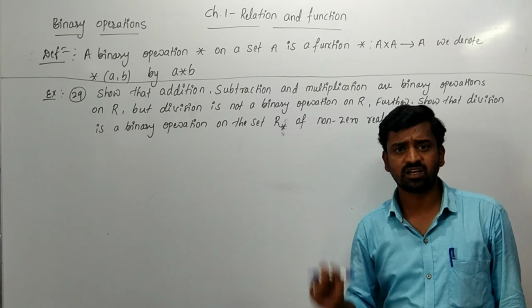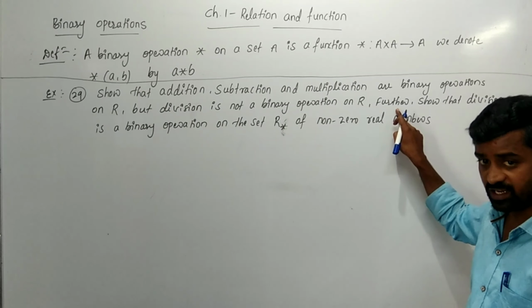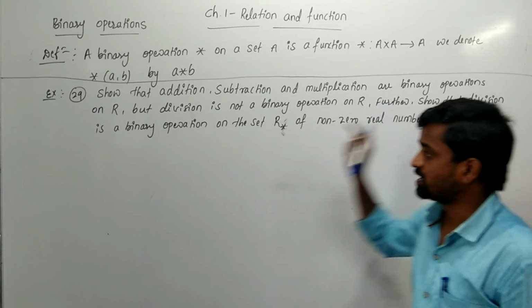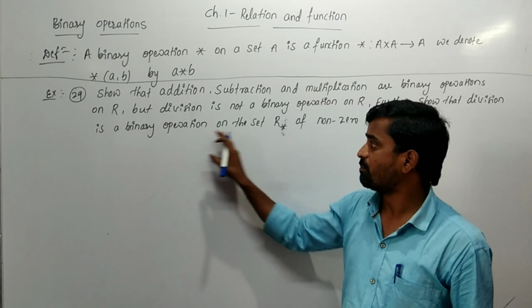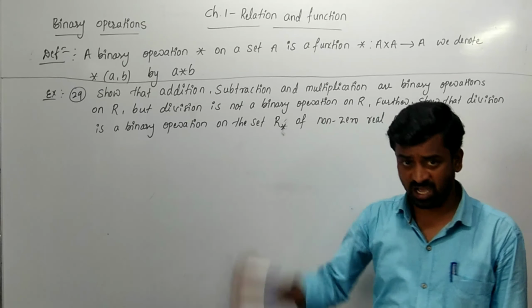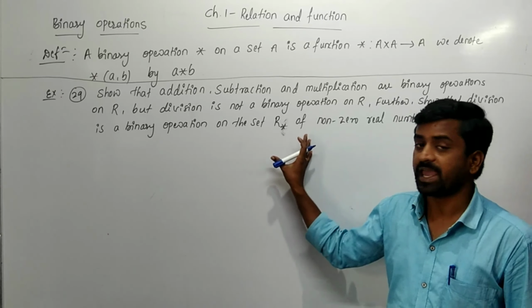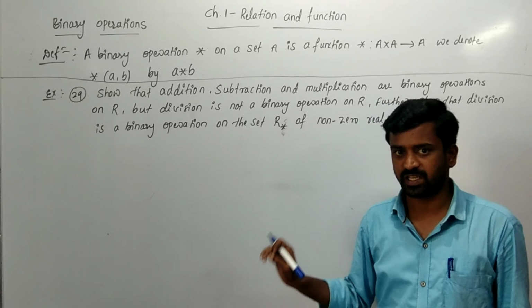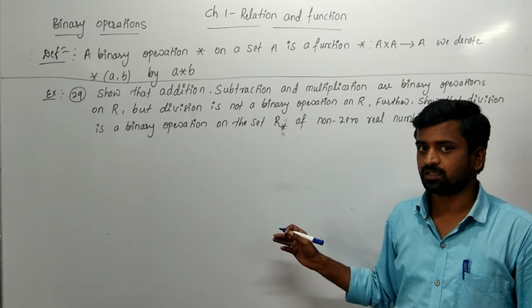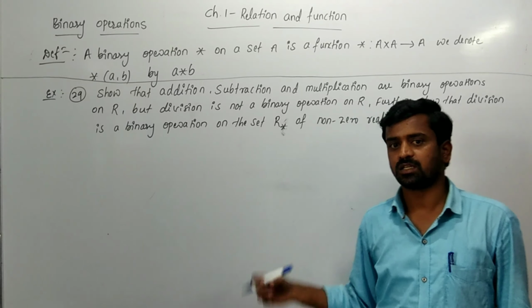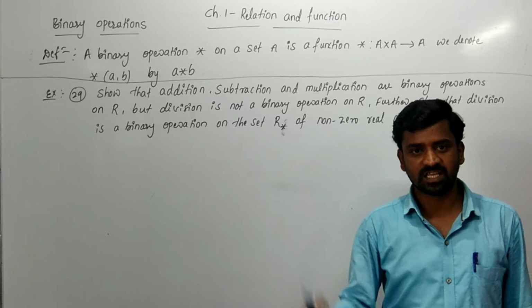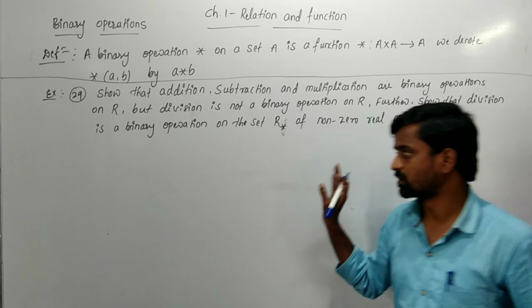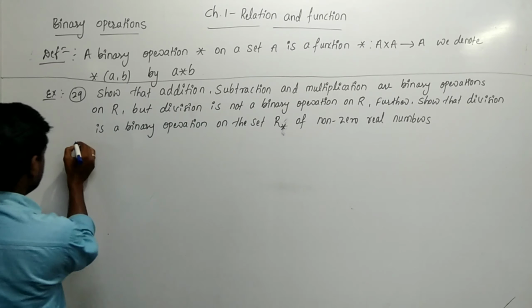Further, show that division is a binary operation on the set R star, that is, except 0, the remaining real numbers. Okay, see solution.